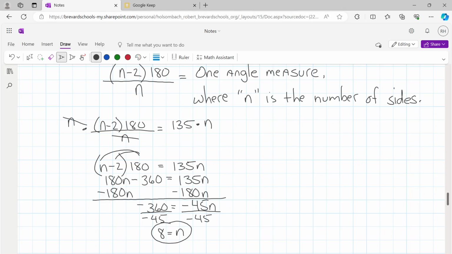All right, so there's a guided practice right below that. The measure of an interior angle of a regular polygon is 144. Find the number of sides. So let's do this one more time. We're going to take n minus 2 times 180 over n, and we're going to set it equal to 144.